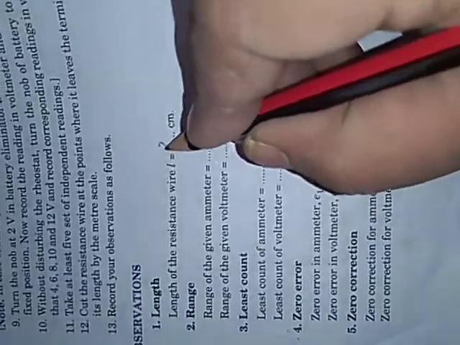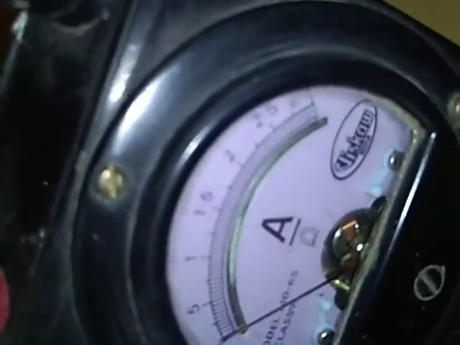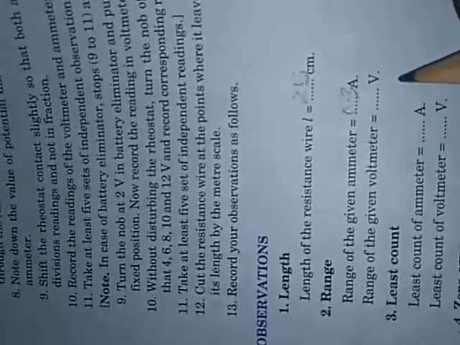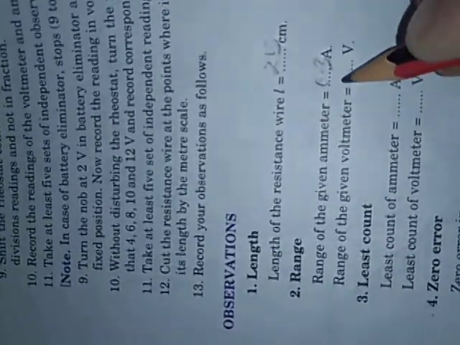One thing more, at this corner there are some values: the length of the wire, this is 25 centimeters. The range of the ammeter is 0 to 3 amperes. The range of the voltmeter is 0 to 3 volts.